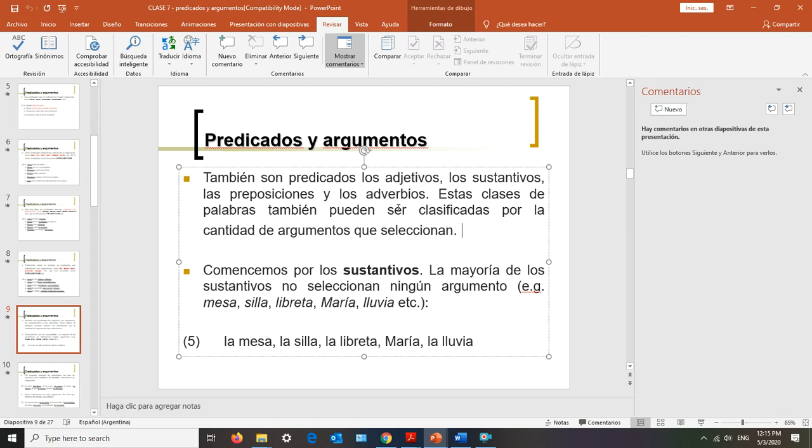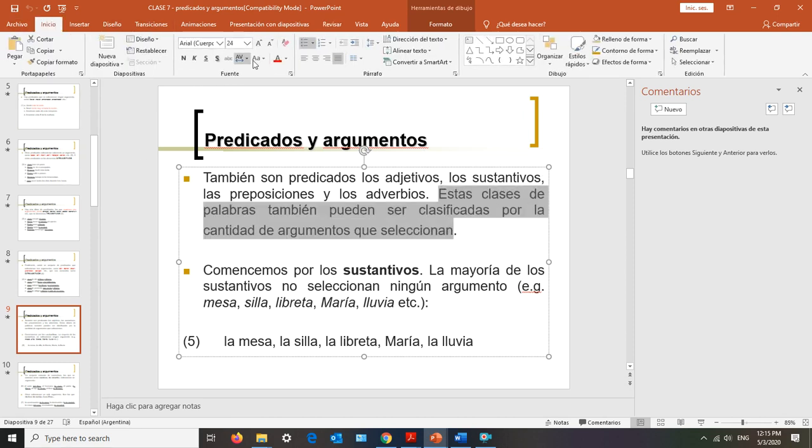They can also be classified as per the number of arguments and the type of arguments that they select for. Here you have this definition.